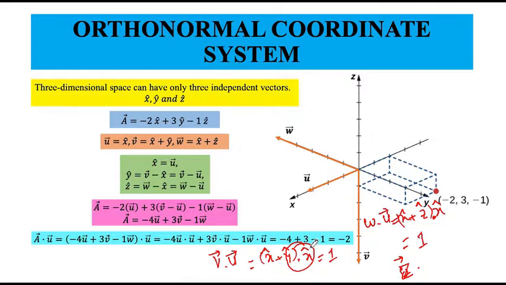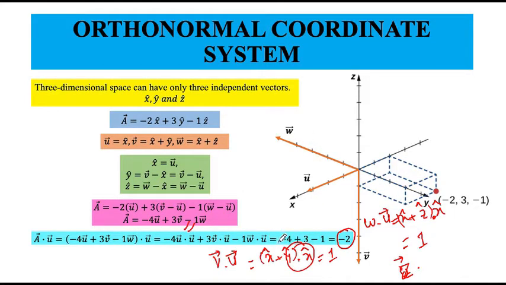And a dot u is actually minus 2 at the end, so u dot u is 1, v dot u is 1 and w dot u is 1.